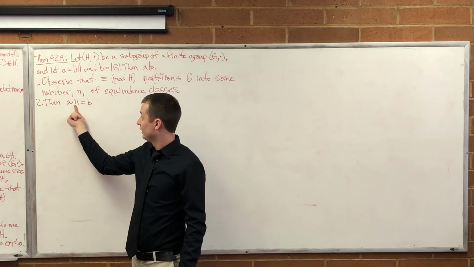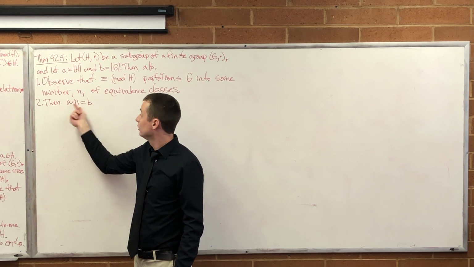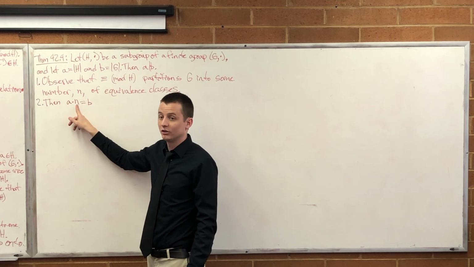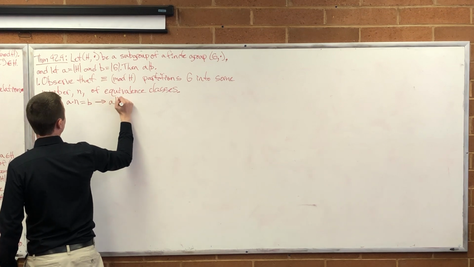So we have n of them, all of size A. They're a partition of G. G has size B. So when you count all the elements in all the partition classes, you get B, which gives us that A divides B.